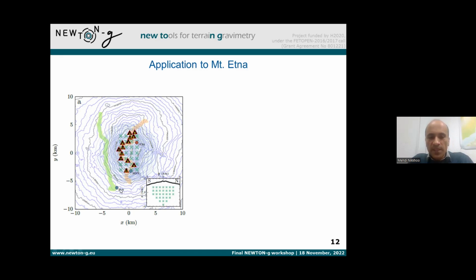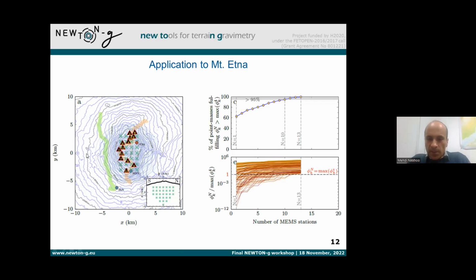And we fixed the locations of the iGrav at SLN, Serra La Nova, and Montagnola here. And also we fixed the location of the AQG at this station up here. Following the approach that I explained in the previous slides, we could find that the optimal network in this case involves 13 MEMS gravimeters.